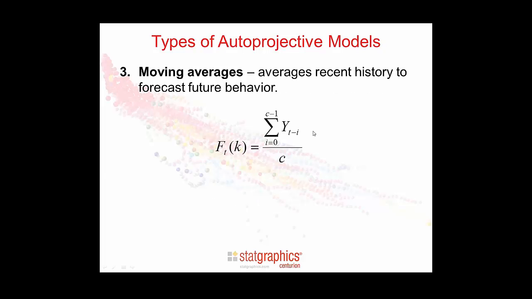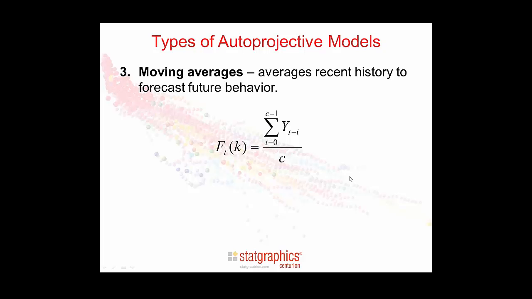A third type of forecasting model we might use is called a moving average. In a moving average, what you do is you typically look at the recent history of your time series. You average, let's say, the last C data values, the most recent C observations, and use that model to forecast the future.